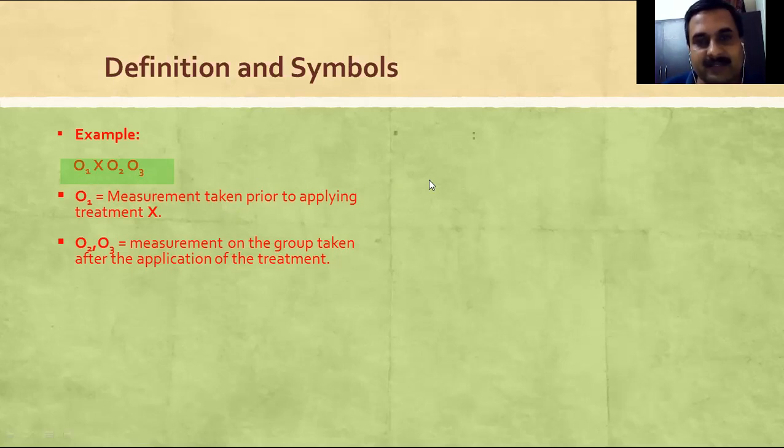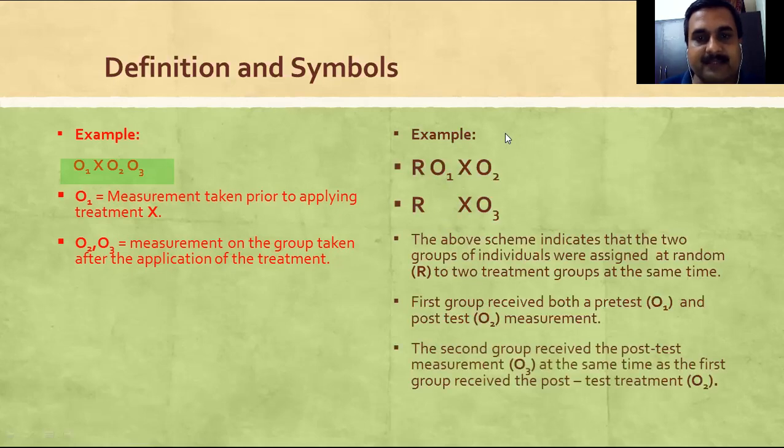Now, take the second example. In this, random selection is made, and there are two cases: one group had the first observation taken before the actual exposure, but in the second group, no observation was taken before the exposure was implemented. So take for example, mark this: R, O1, exposure and O2.